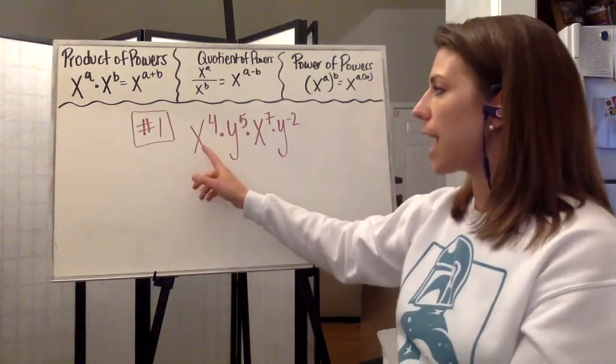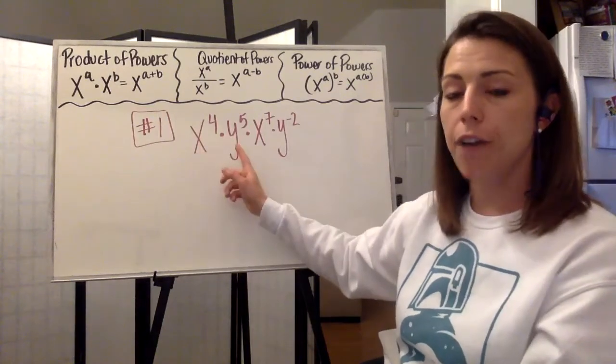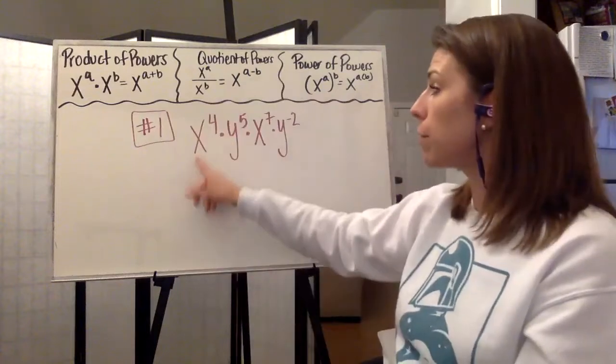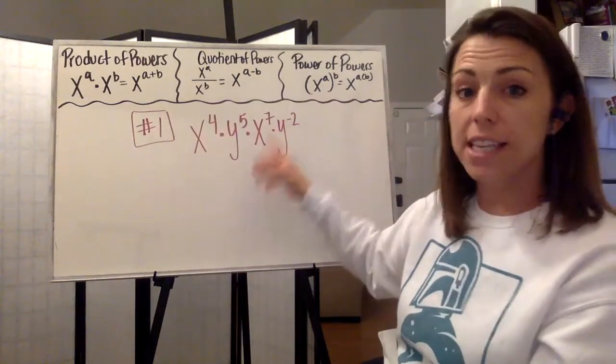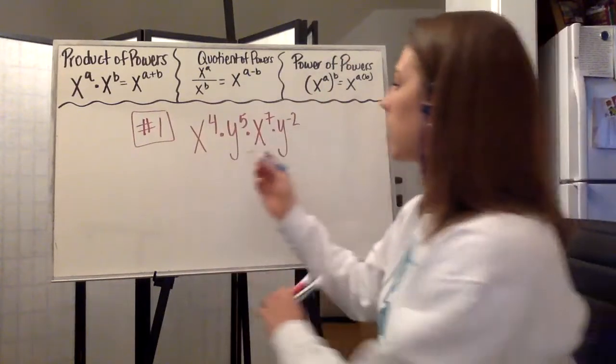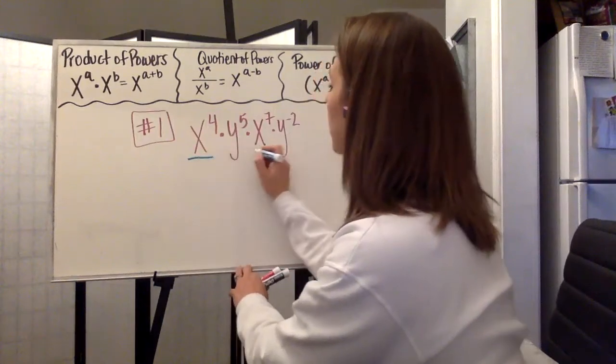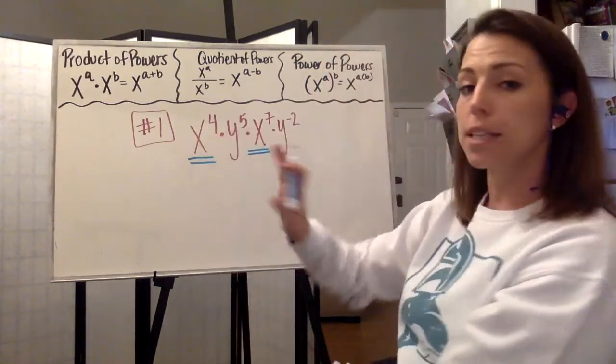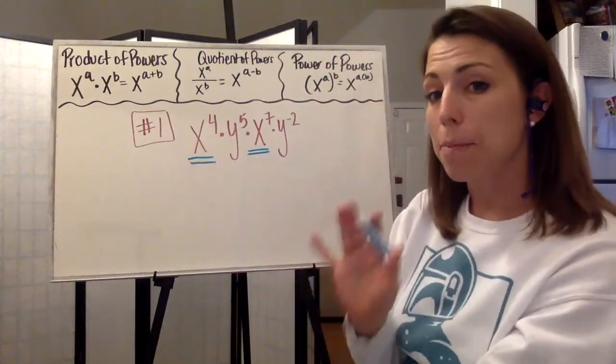So for example, I can't multiply 4 x's and 5 y's and say that it equals 9 y's, but I can multiply 4 x's with 7 x's and add those exponents together. So I'm looking now kind of like how we combine like terms.